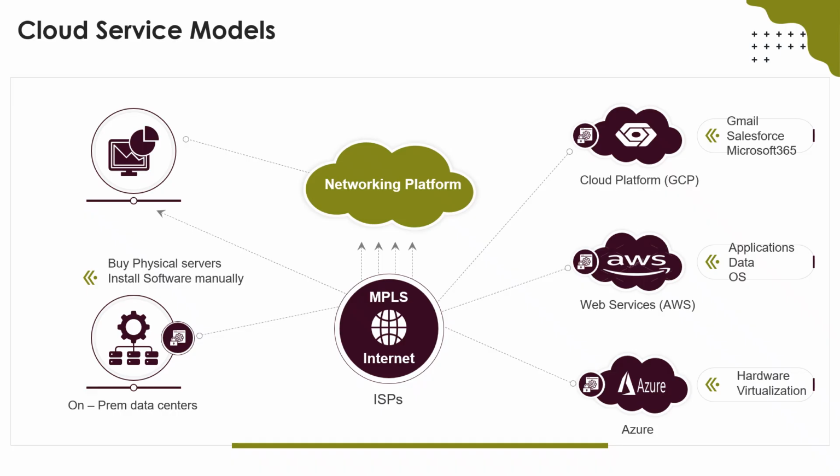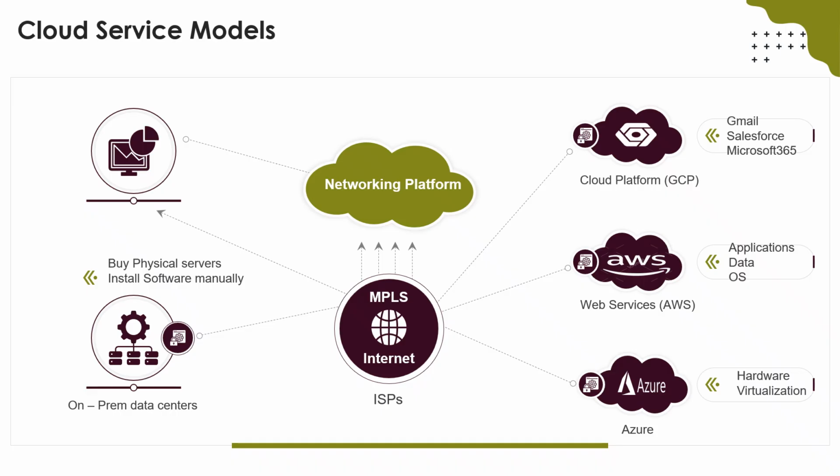Deployment models. Public are AWS, Azure, and GCP. Private is for single organizations. Hybrid is on-prem plus cloud. And multi-cloud is multiple providers. The benefits are easy scaling, low cost, high availability, and work from anywhere.